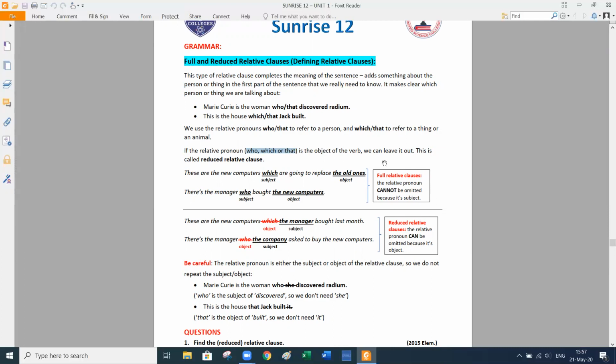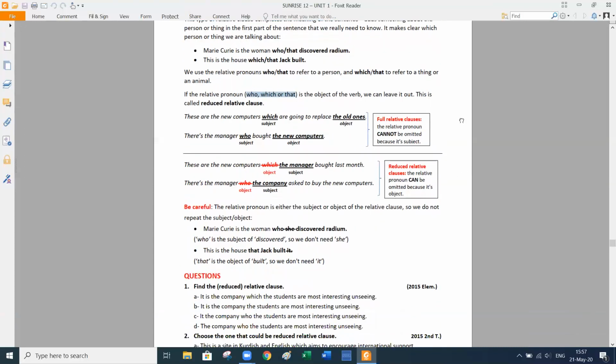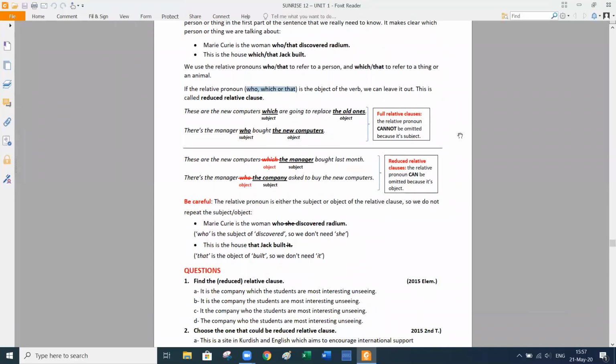And if we leave it out, we call it a reduced relative clause. If it is the object, but we don't leave it out, we say that this relative clause can be reduced. In the ministry exam, they ask questions like that. Which of the following relative clauses can be reduced?